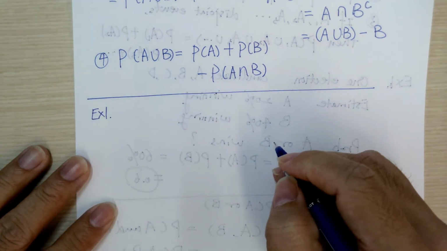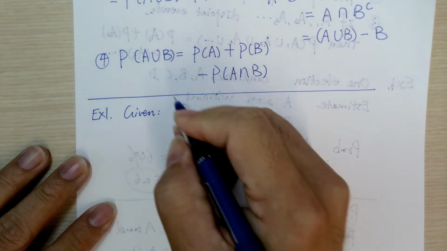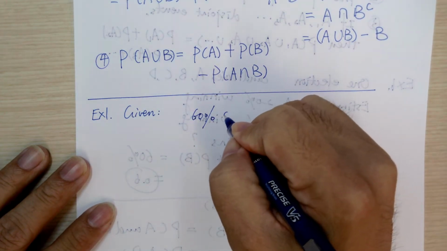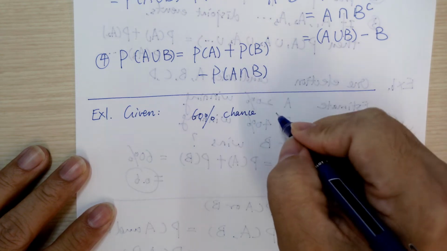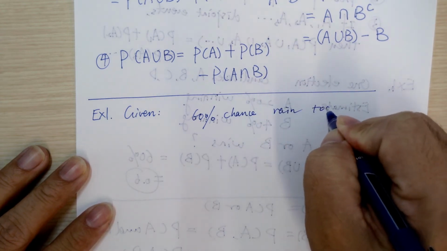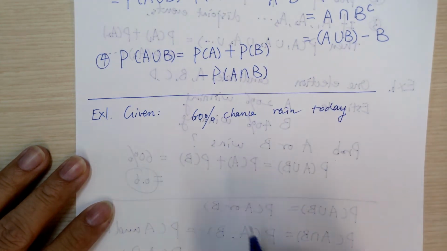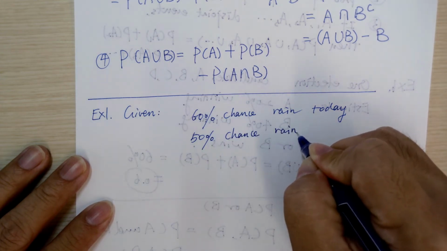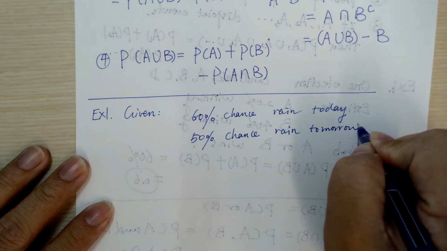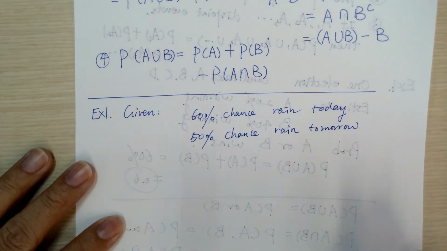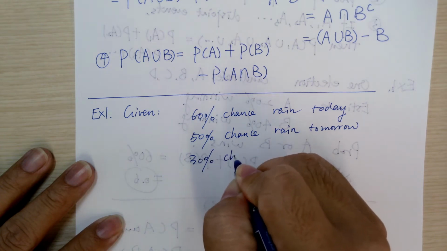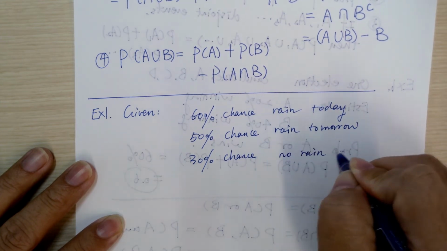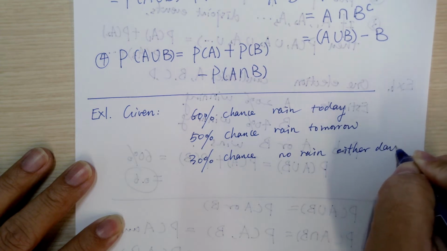Given the info: 60% chance it will rain today, 50% chance it will rain tomorrow, and also 30% chance there's no rain either day. Those are the given information here.